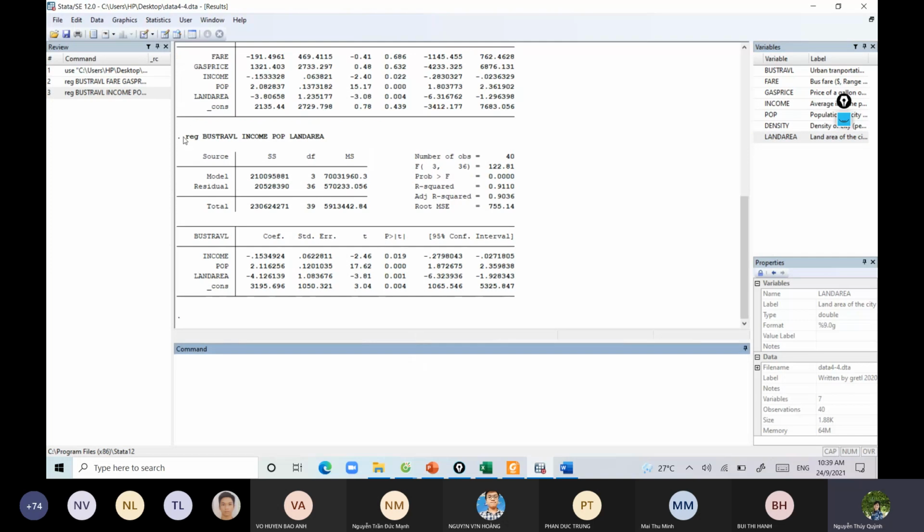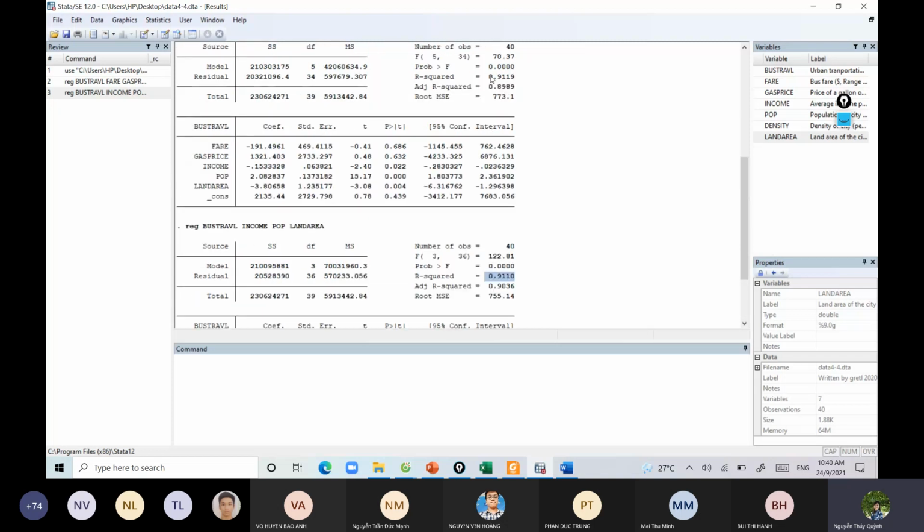Here we will get the estimation of the restricted model. This restricted model has an R square of 0.911, and the R square of the previous model, the unrestricted model, is 0.9119.